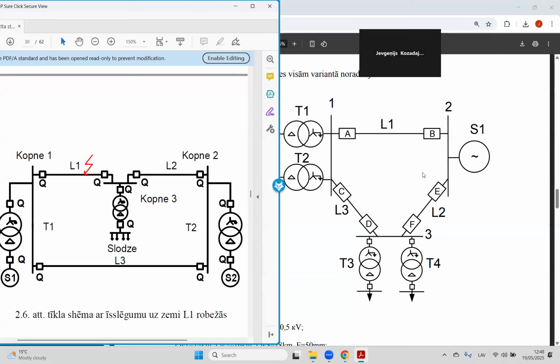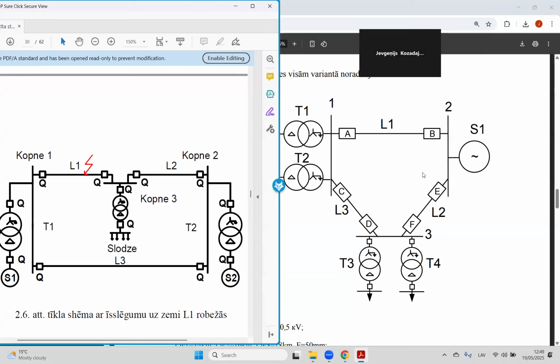It's enough to have one protection and one circuit breaker, because we have supply from this side, and if we disconnect this one, we disconnect everything here from the supply. Disconnect the fault element from the supply.